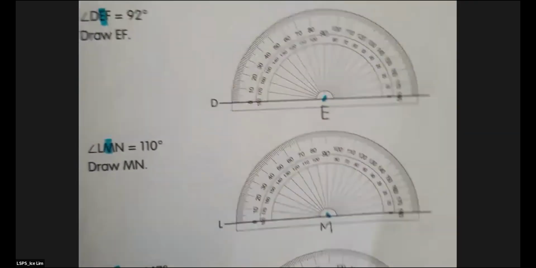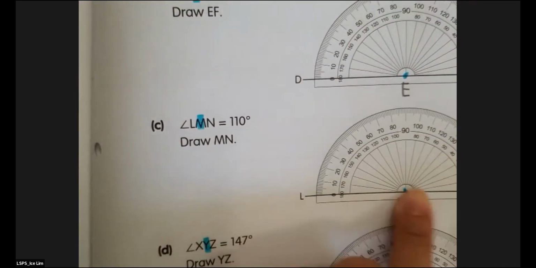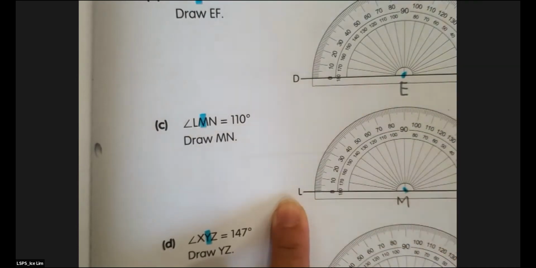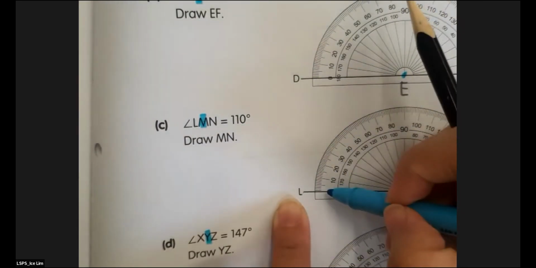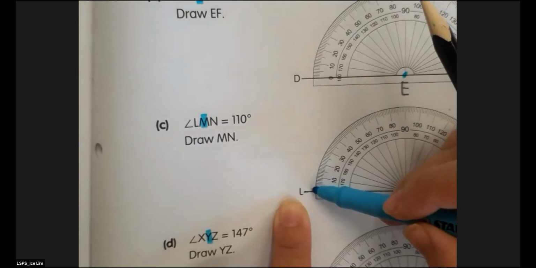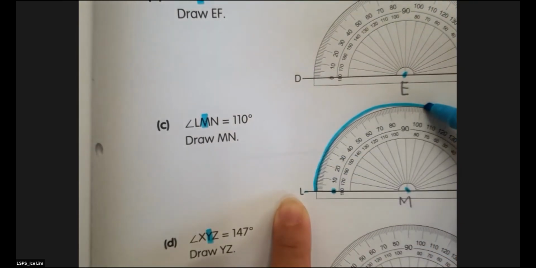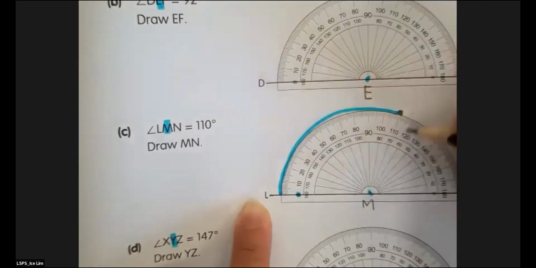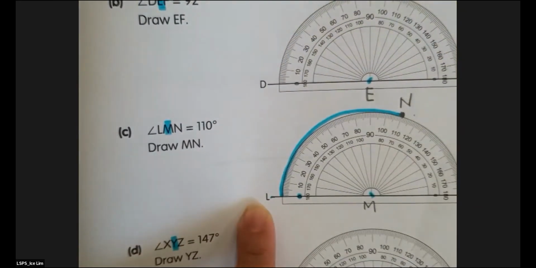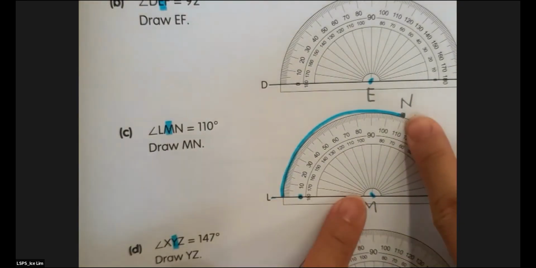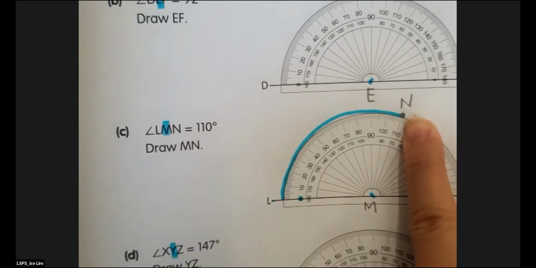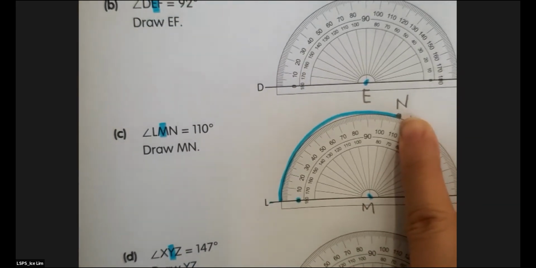But back to here again. My letters will be L, M, and N, starting from 0, outer scale, all the way to 110. So this is letter N, L, M, N, capital letter N. Yesterday, Adrian wrote in small letters. Adrian, have you corrected it?